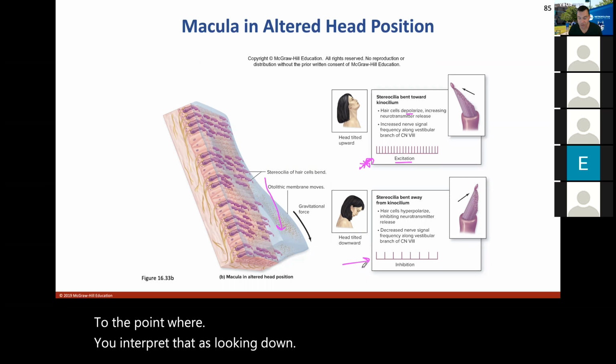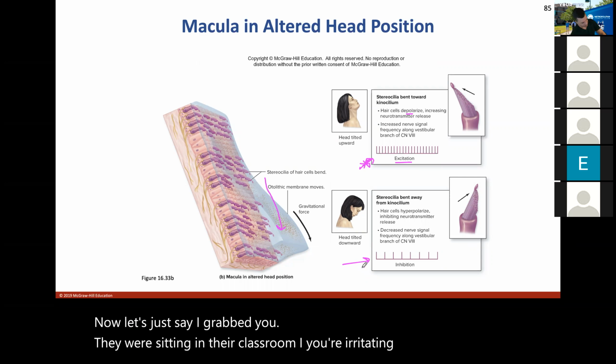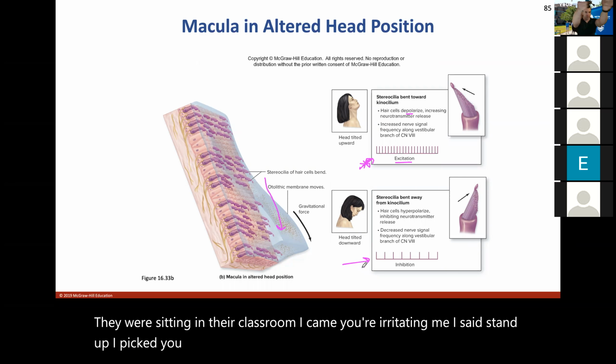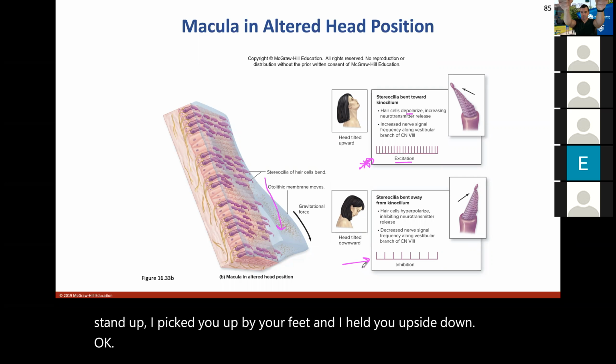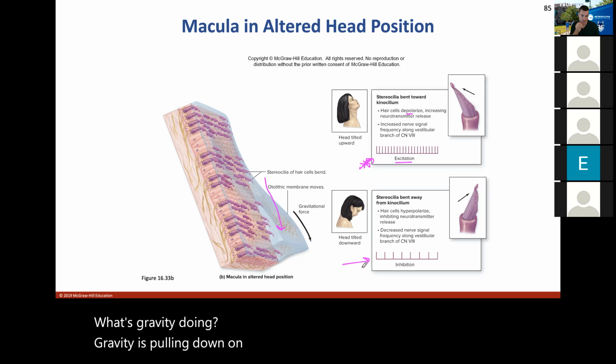Now let's just say I grabbed you. We were sitting in a classroom. You were irritating me. I said, stand up. I picked you up by your feet and I held you upside down. What's gravity doing? Gravity's pulling down on those otoliths, right?